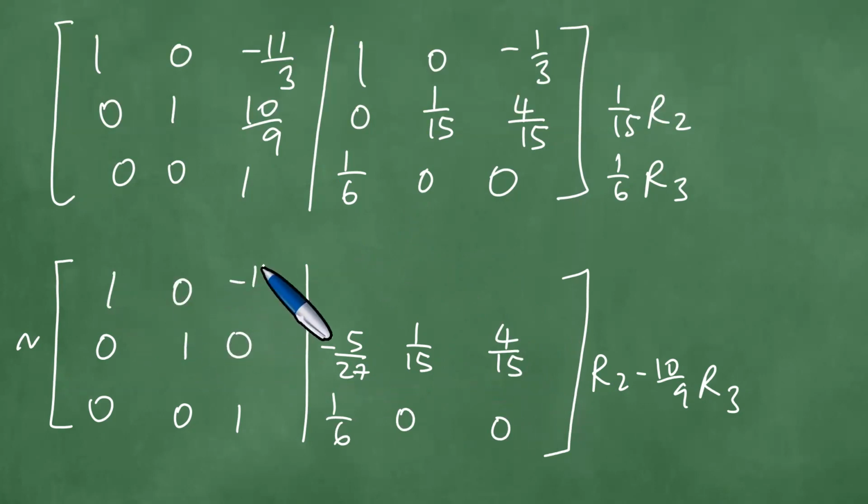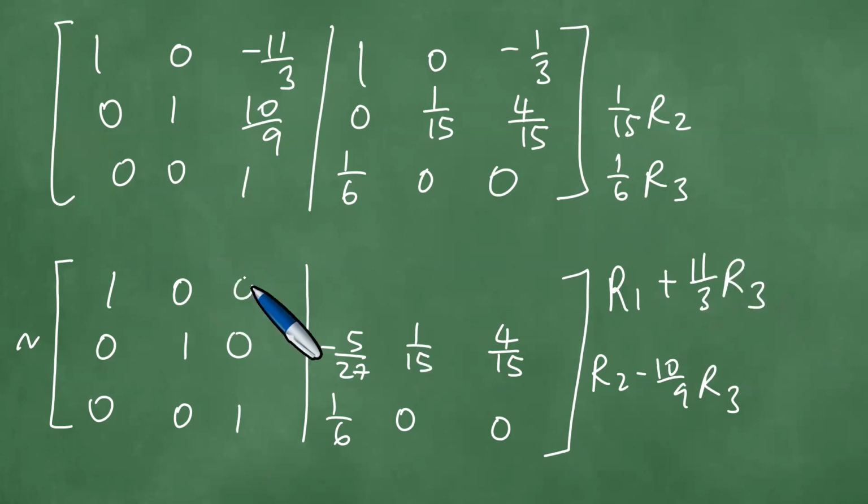1, 0, minus 11 out of 3. 1, 0, minus 1 out of 3. I can just change this one. Let's row reduce it: row 1 plus 11 out of 3 row 3.